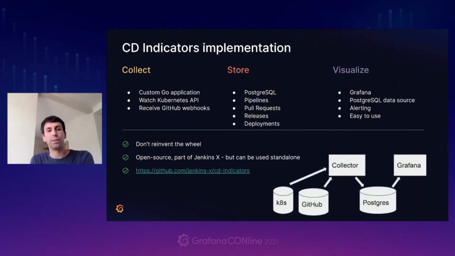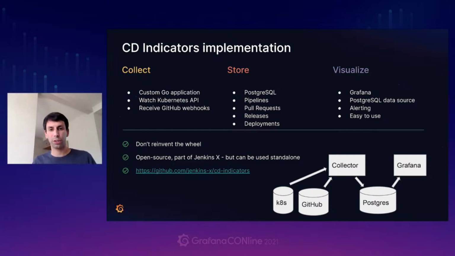Next, how we implemented that. We did that in 3 phases. First, we collect data and events from different systems. The main ones being the Kubernetes API and GitHub webhooks. It's GitHub in that example, but it can be GitLab or any other Git hosting system.